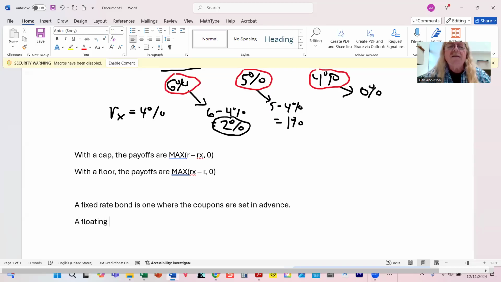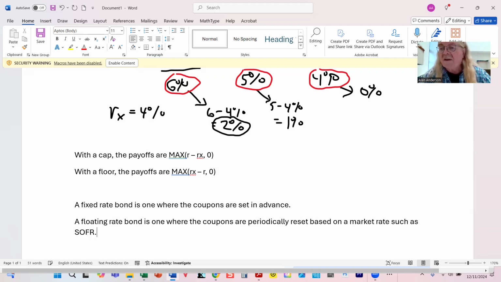A floating rate bond is one where the coupons are periodically reset based on a market rate, such as SOFR, formerly LIBOR. Okay. So in other words, imagine a bond where you get a coupon once a year based on whatever the LIBOR rate was last year, let's say, or something like that. That would be a floating rate, but the coupons are different every year, potentially.